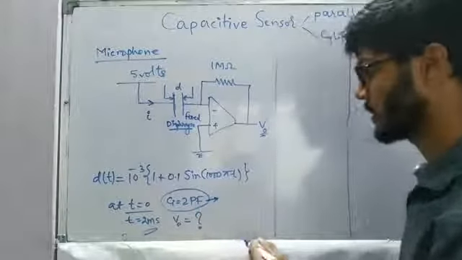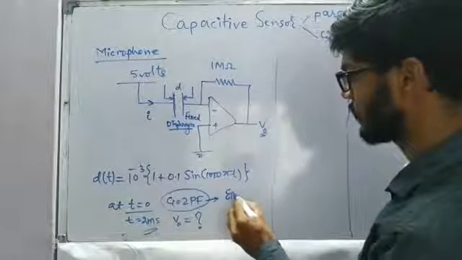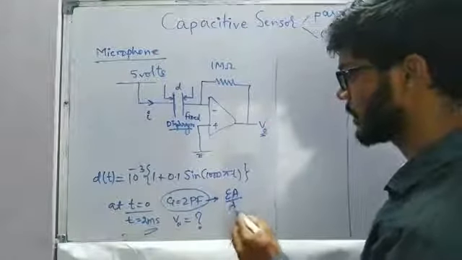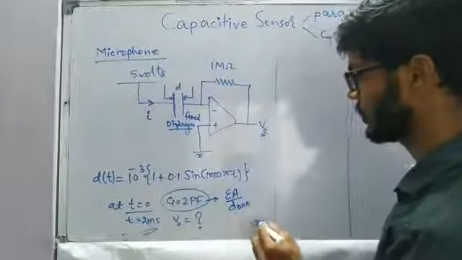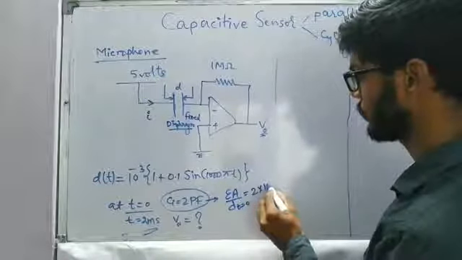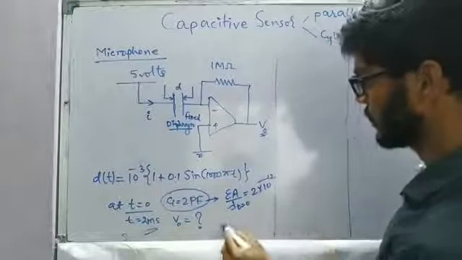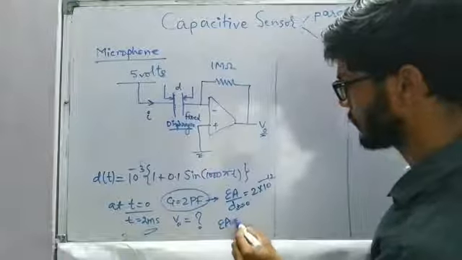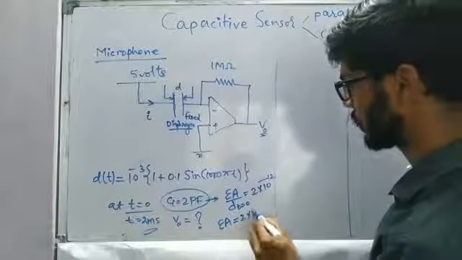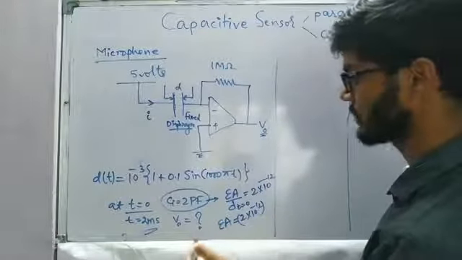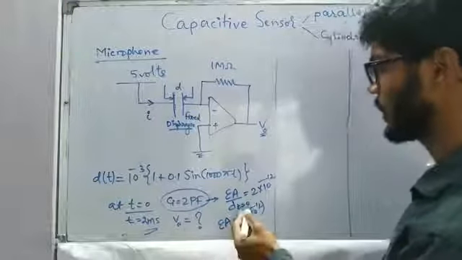So initial capacitance is going to be epsilon A by d at t equal to 0. This is given as 2 into 10 to the power minus 12. So we are going to get the value of epsilon A as 2 into 10 to the power minus 12 into the distance at t equal to 0.